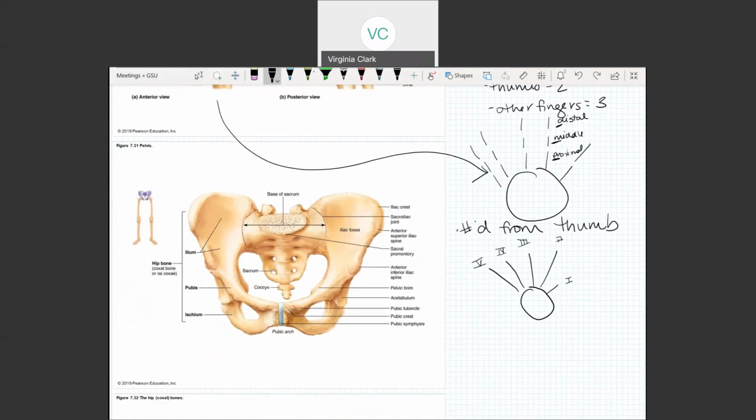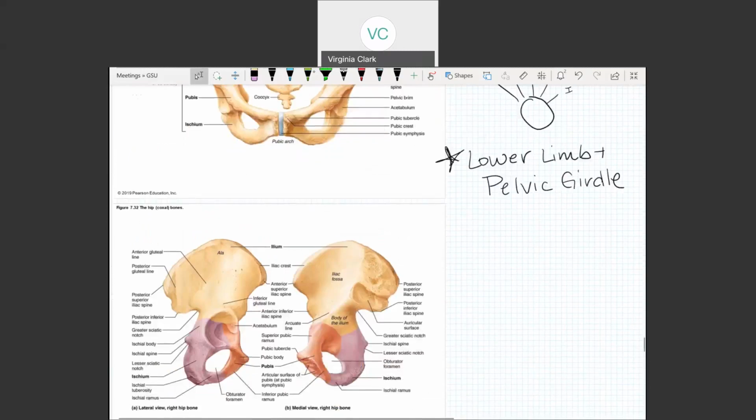Now we're going to switch to the last section, which is going to be your lower appendage and your pelvic girdle. So your lower limb plus your pelvic girdle. Looking at this, we're going to start with your pelvic girdle.